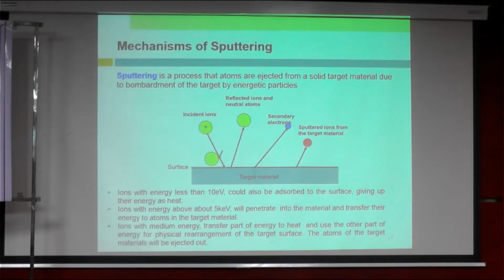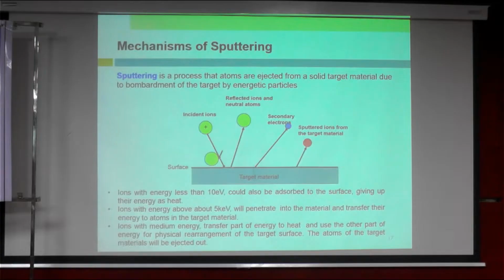And the detail of sputtering. Sputtering is a process in which atoms are ejected from a solid target material due to bombardment of the target. So you have the gas ions bombarding the target material. In the case of metal, we deposit, let's say, chrome on the surface of a device to make it into an electrical circuit.